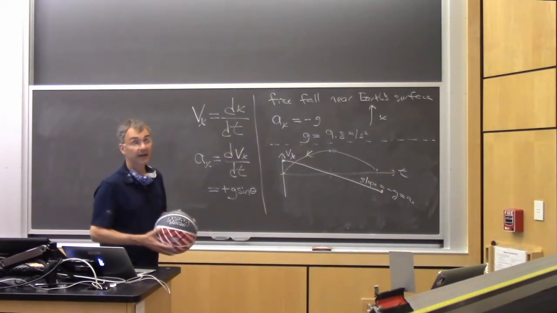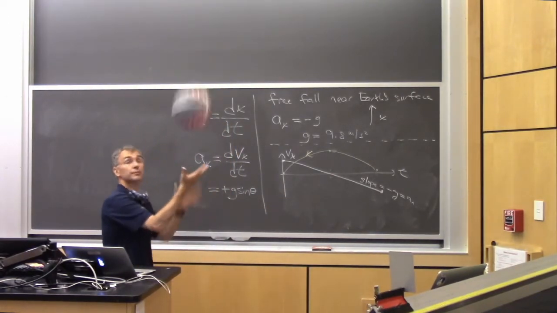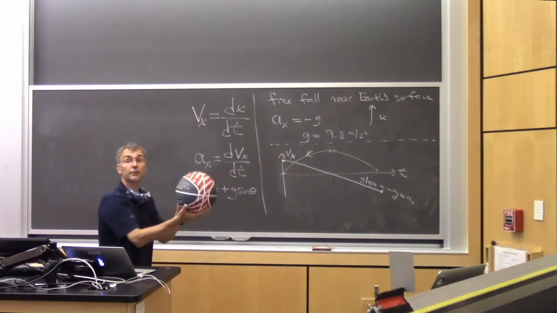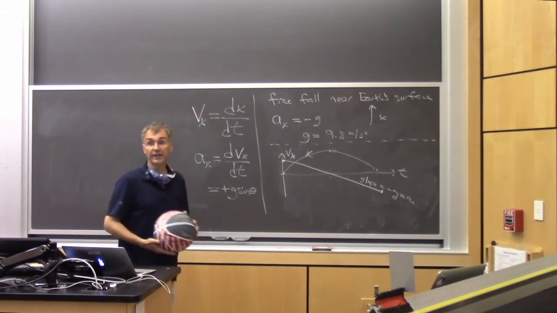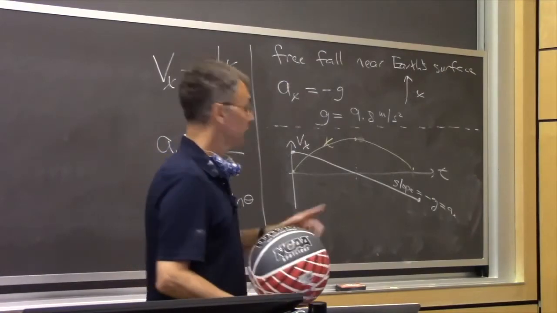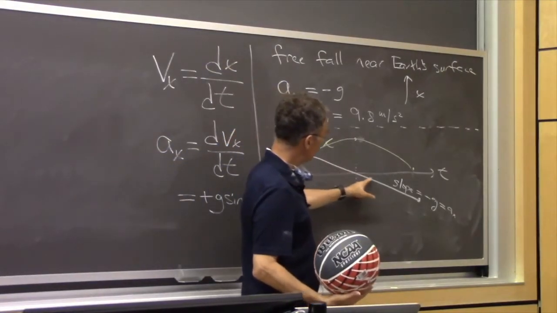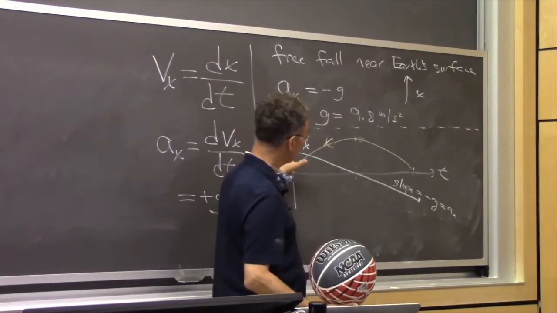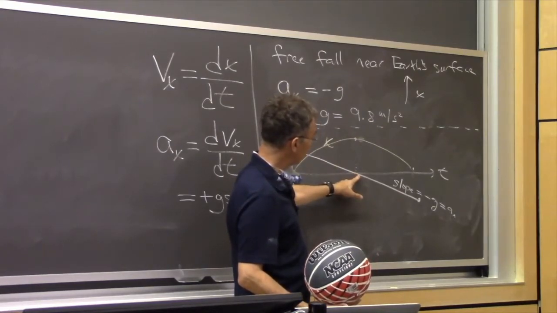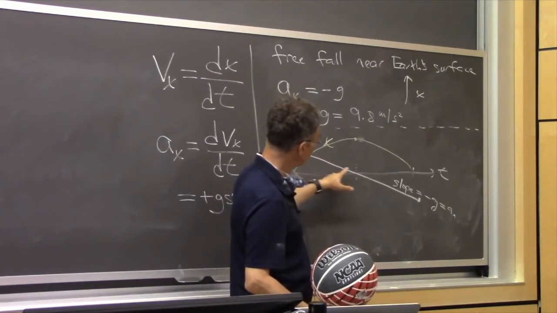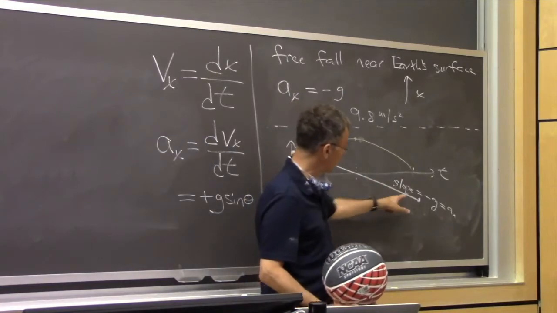And then, at that same point, what is a sub x? Well, a sub x is the slope of this v sub x versus time curve. I say this slope is still minus g. Here it's minus g, here it's minus g, here it's minus g, here it's minus g.